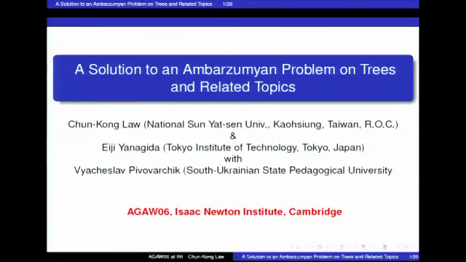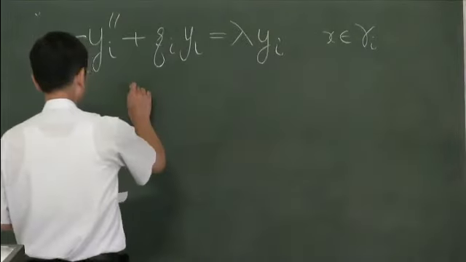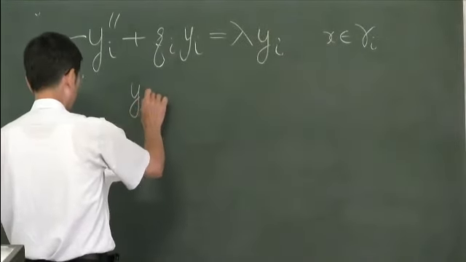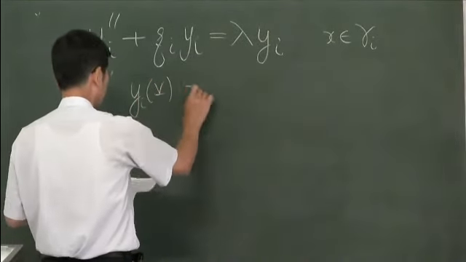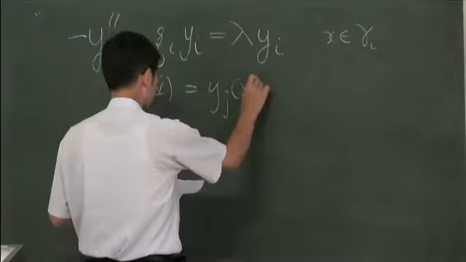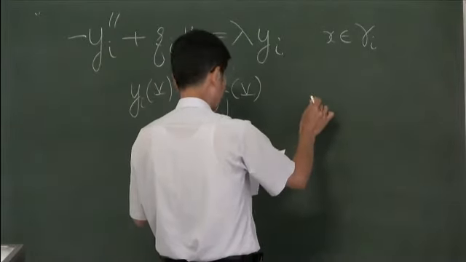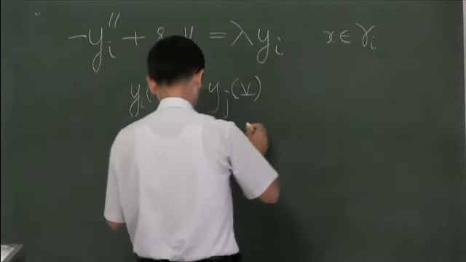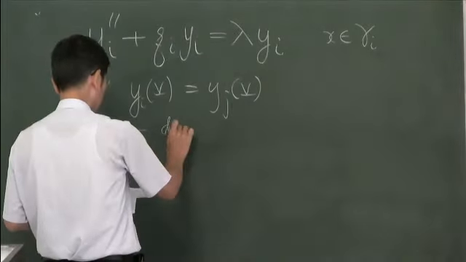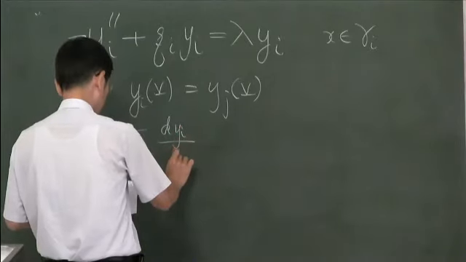So we are interested in a so-called metric graph or quantum graph, and these are the conditions of just one version.